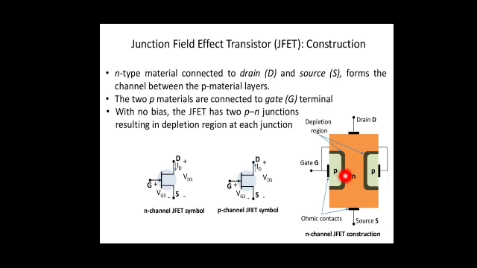So here, when compared to N and P material, the P material has a high concentration gradient or high impurity density compared to N. Due to that, the depletion region is more in the N channel, on the N side, compared to the P side. Okay, so this is about the construction of JFET. In the coming class, we will try to see what is the working of the JFET.